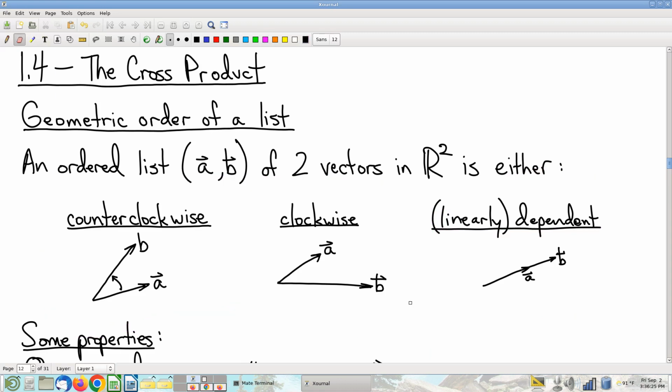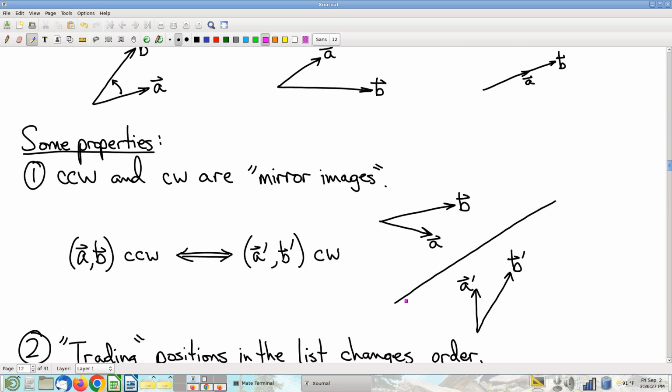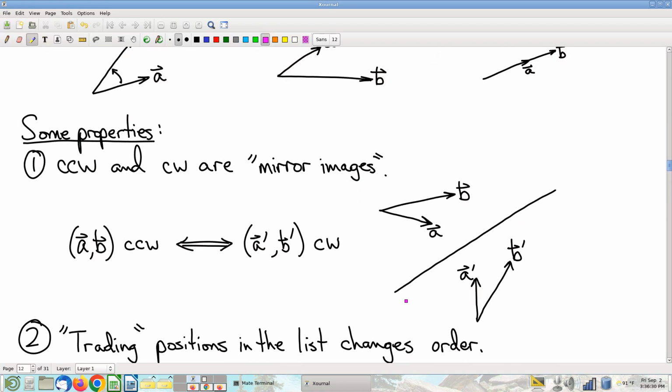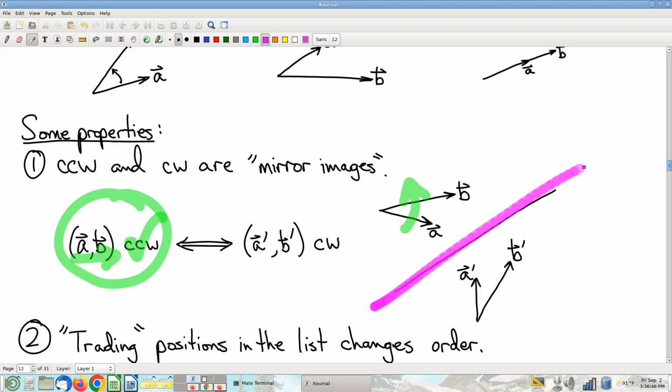Now, here are some features of clockwise and counterclockwise. Notice that if you have a counterclockwise list, again, keep in mind A first, B second, there you go, counterclockwise. If you look at the mirror images, you reflect over some line, just imagine taking these vectors and flipping them over that line.